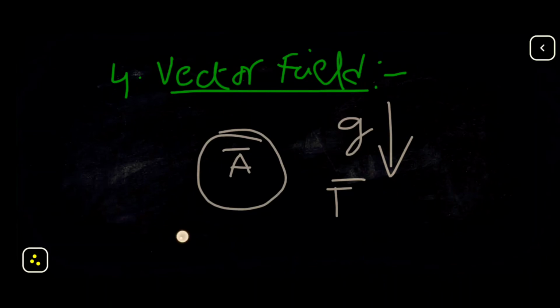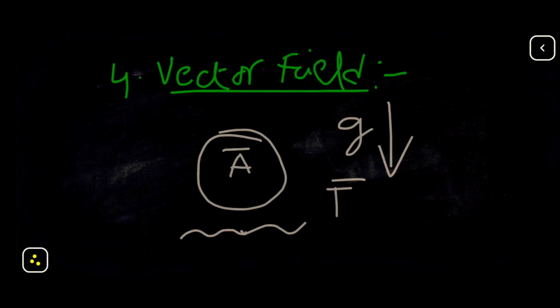The other examples of vector fields are the velocity of a particle in a moving fluid. Suppose the fluid is moving, the velocity of any particle is a vector field. Wind velocity is also a vector field, and so is voltage gradient in a cable.